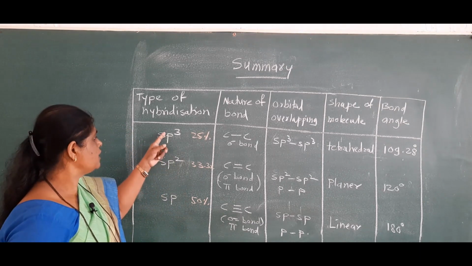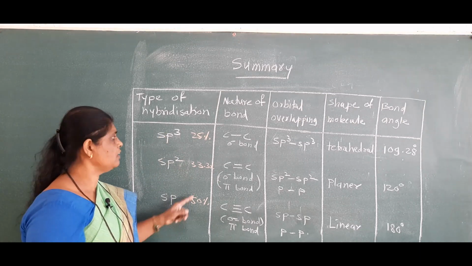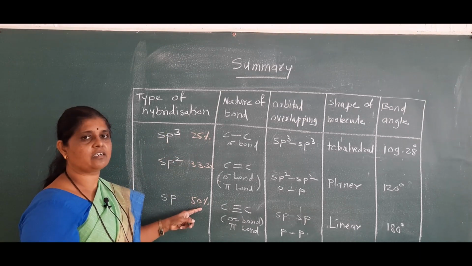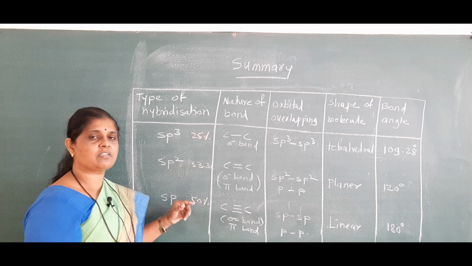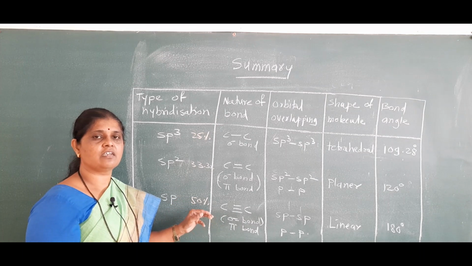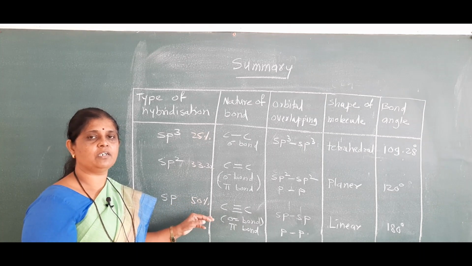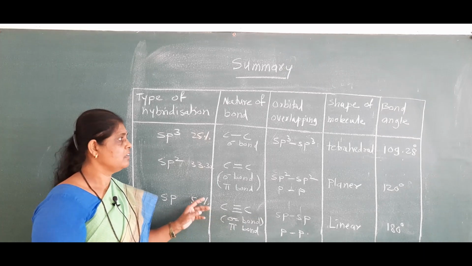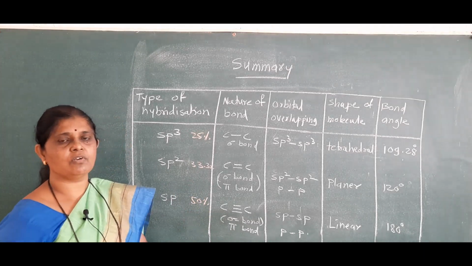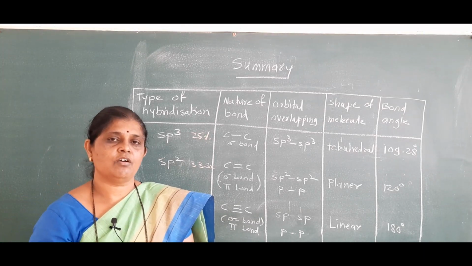Thus, from sp3 to sp hybridization, percentage of s character increases, and as percentage of s character increases, electronegativity of carbon increases. And this is the summary about hybridization of carbon.